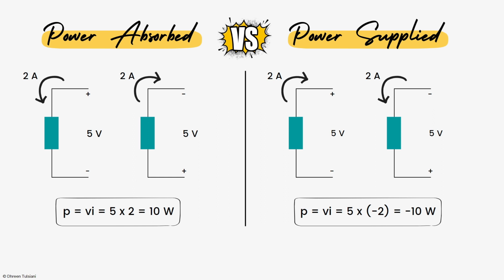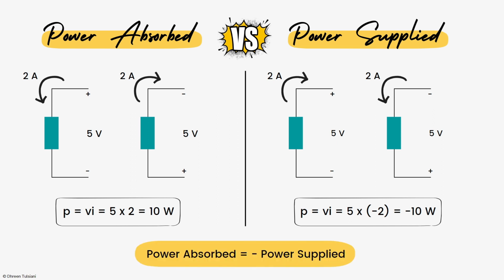So, if the power has a positive sign, power is being absorbed by the element. If the power has a negative sign, then power is being supplied by the element. So now we can say that in general, power absorbed is equal to the negative of power supplied.